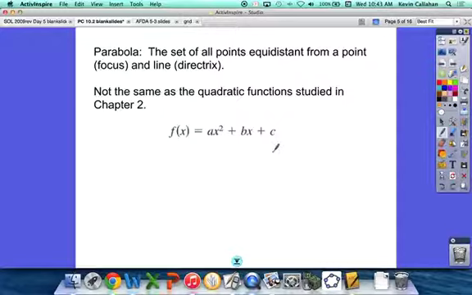And what does it mean to say that it's a function? What is a function? And if you're looking at the graph, what test does it pass? A vertical line test, right?